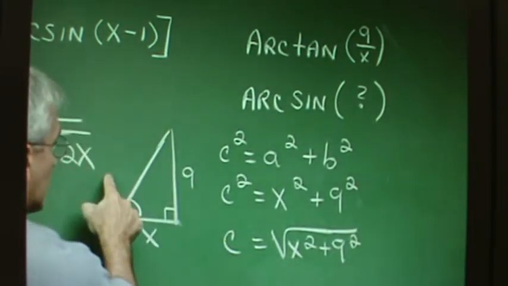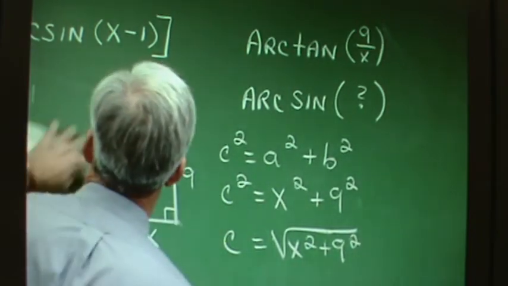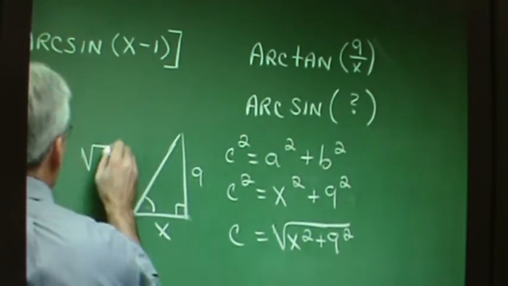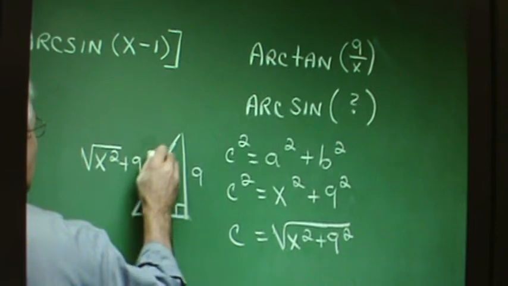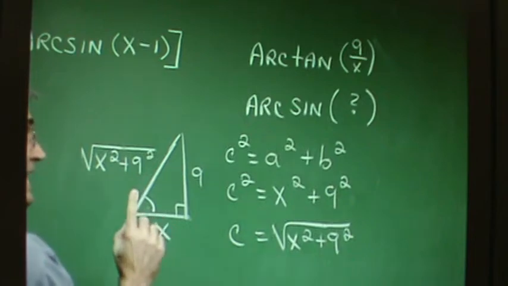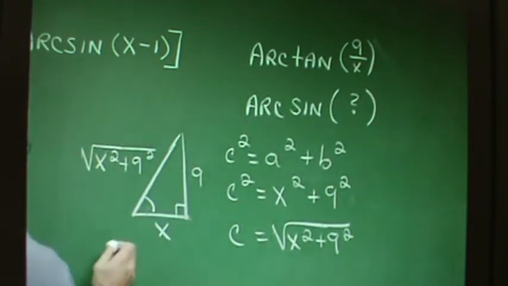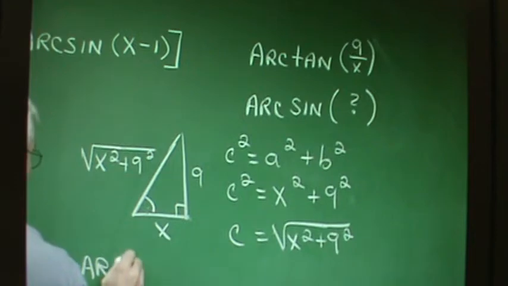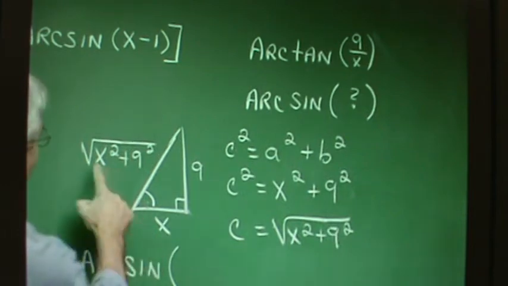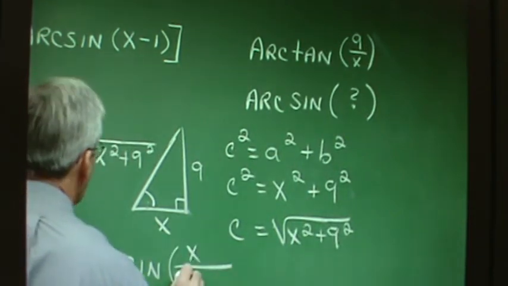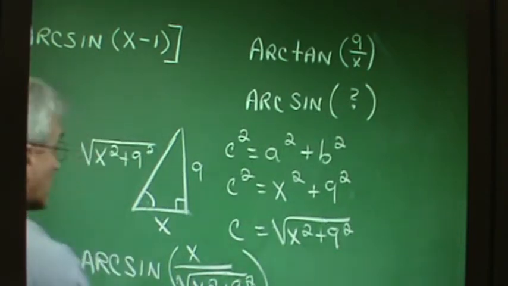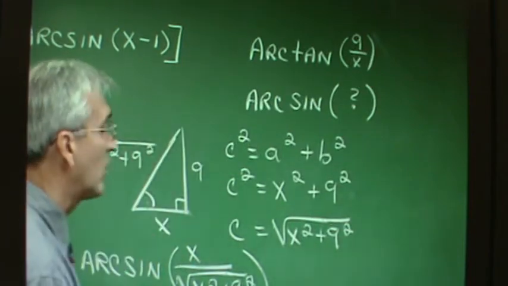And if this side is the square root of x squared plus 9 squared, then the request for this angle can be made using arc sine by saying, I'd like to know arc sine of x over the square root of x squared plus 9 squared, and it's a request for exactly the same angle that we were requesting with arctangent.